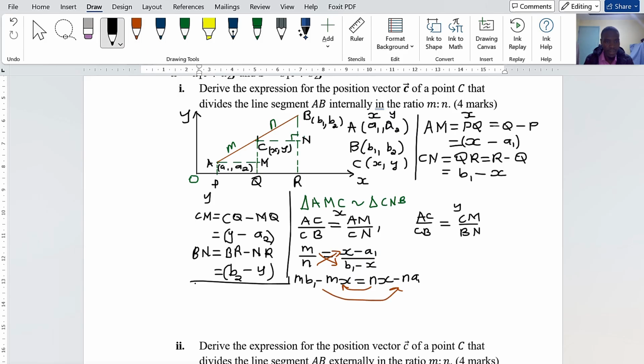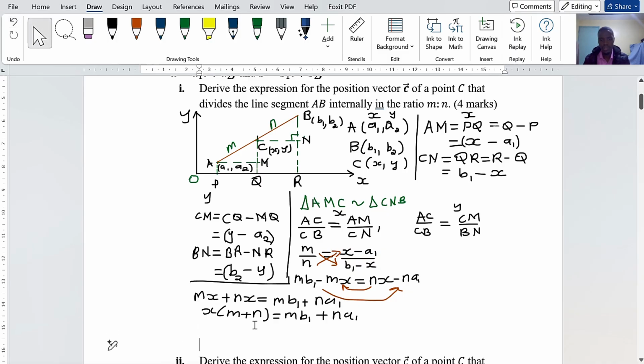When that happens, we'll have mx plus nx equals m b1 plus n a1. Factorizing x, we'll have x into m plus n equals m b1 plus n a1.